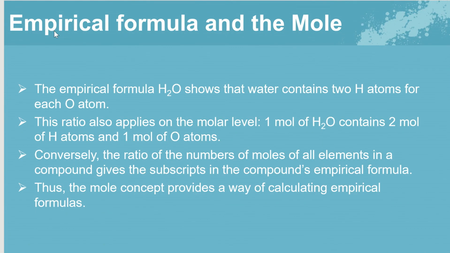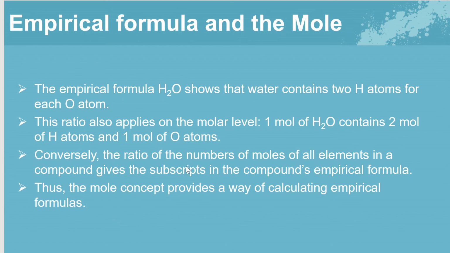All right, so now we're going to talk about empirical formula and the mole. The empirical formula for water shows that water contains 2 hydrogen atoms for each oxygen atom. And so this ratio also applies on the molar level. So 1 mole of water contains 2 moles of hydrogen atoms and 1 mole of oxygen atoms.